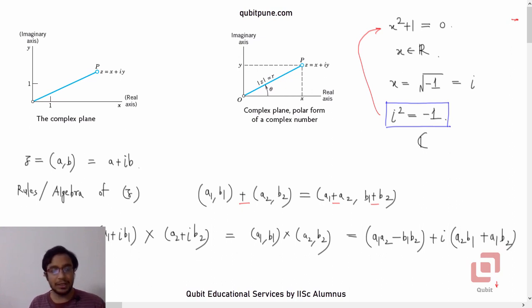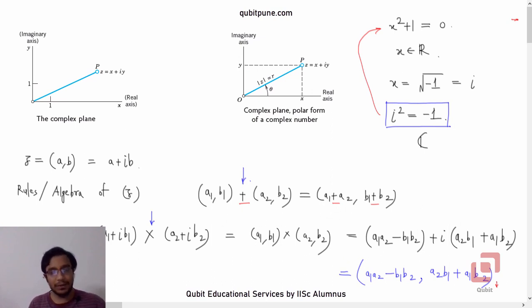So now you may realize that this result can still be treated as a complex number with ordered pair (a1 a2 minus b1 b2, a2 b1 plus a1 b2). It is the rule of addition and the rule of multiplication, which when remembered helps us in defining the whole structure of complex numbers, in particular the way we perform operations on the complex numbers.